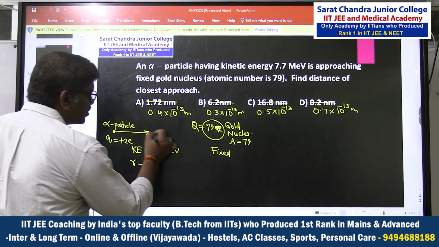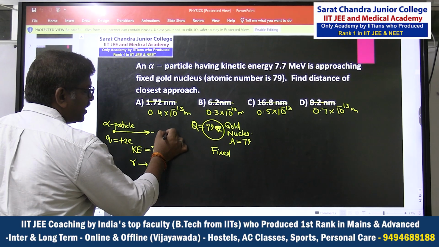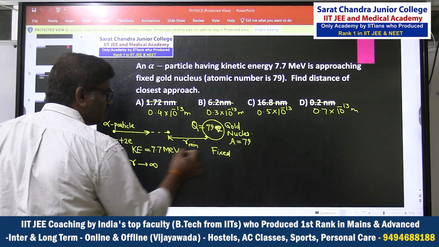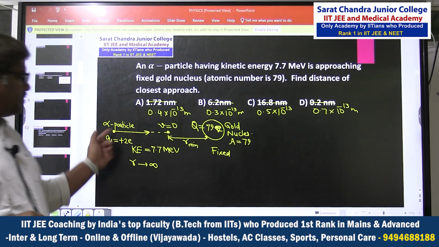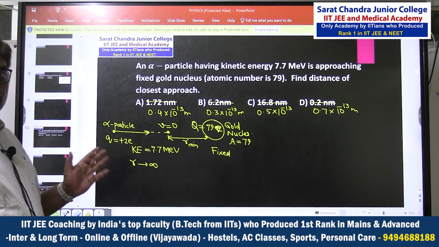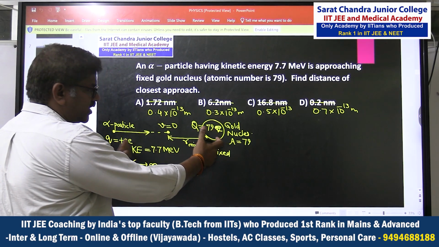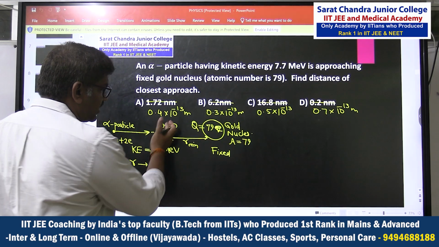As it is approaching towards the nucleus, it is being retarded, and finally for R minimum, its final velocity must be 0. That means clearly we can see that when it is at infinity, these two charges are interacting, and their potential energy keeps on increasing where the kinetic energy is decreasing and finally becomes 0.